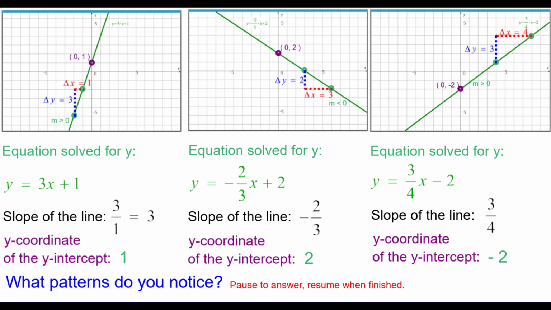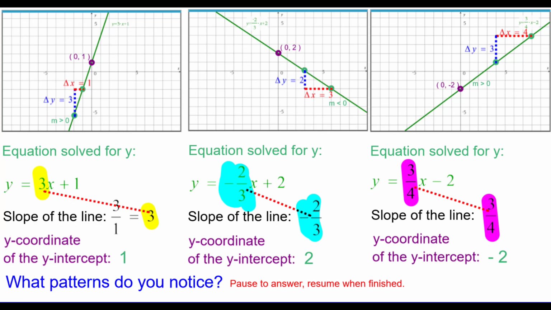So what patterns, again, do you notice? This is a time where I do want you to generalize based on those three examples. Pause to answer, resume when you're finished. So you'll notice here, there's the slope in the equation, there's the slope in the equation.